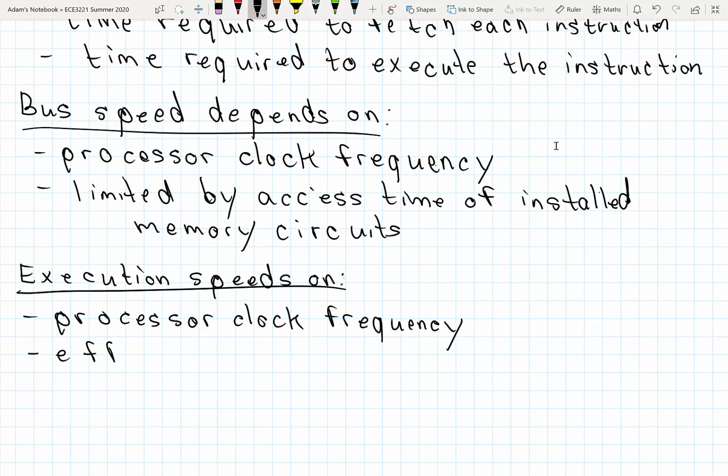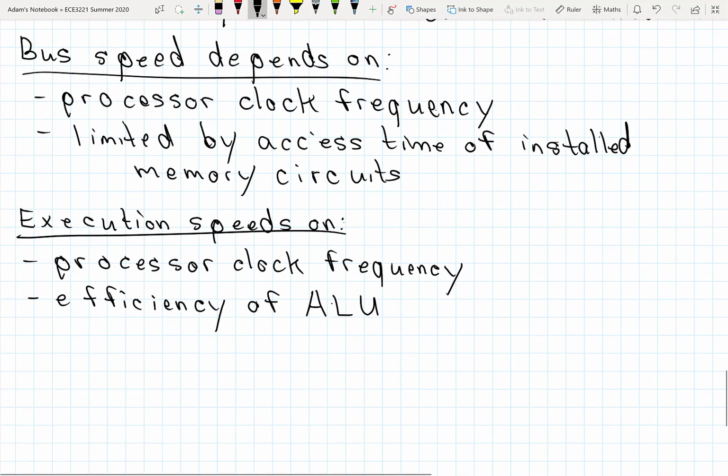But it also depends on the efficiency of the ALU. So the ALU can take different lengths of time to execute different types of instructions. For example, I probably mentioned this before, it's quite common that a divide instruction takes many clock cycles to execute. And if you're interested, you can look up those execution times of different instructions in different processors.